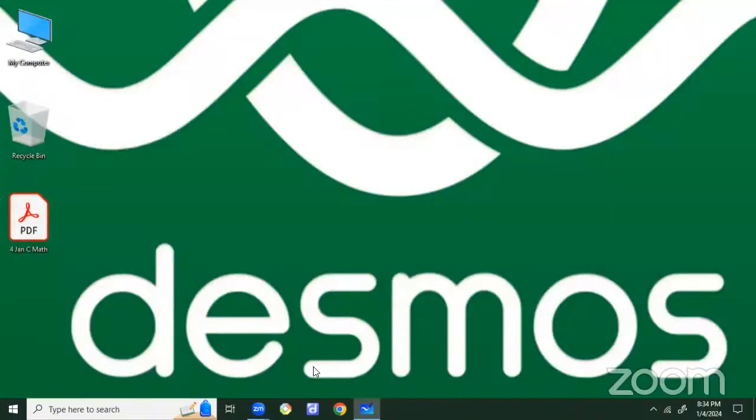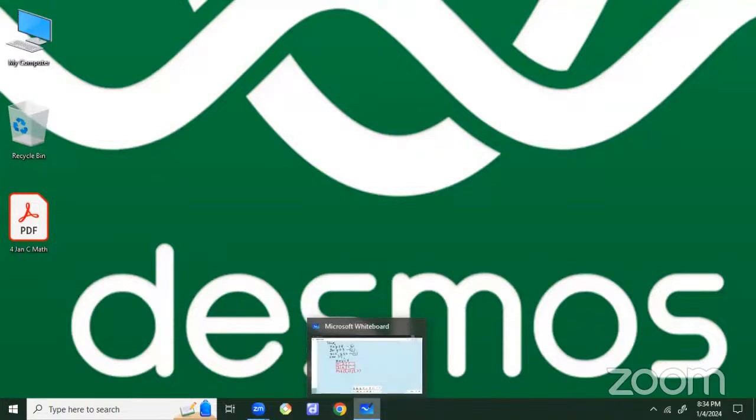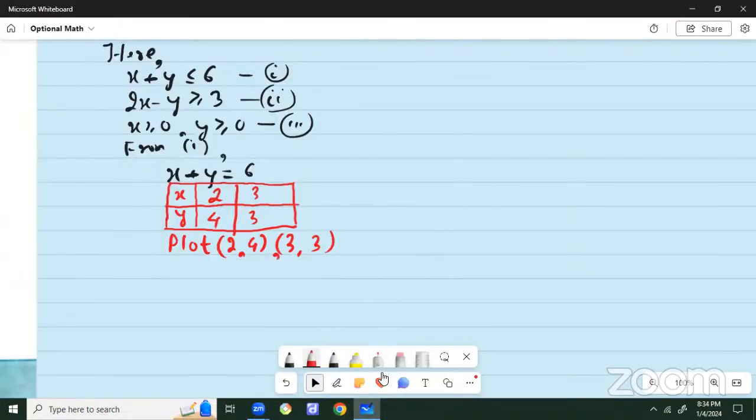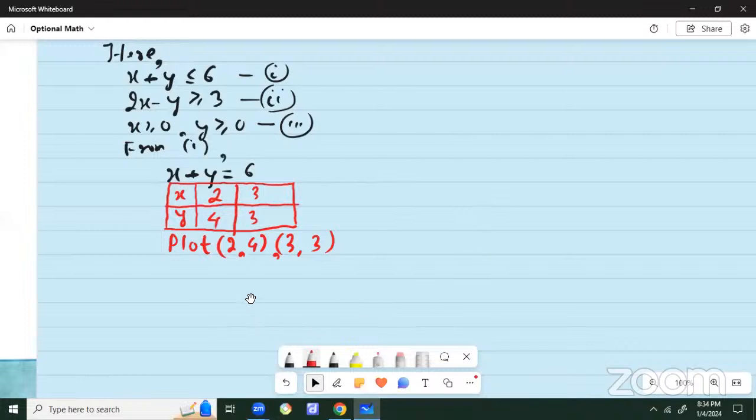X plus y equals 6. How is the line? Did you get a straight line, the boundary line joining the 2 points, 2 comma 4 and 3 comma 3?